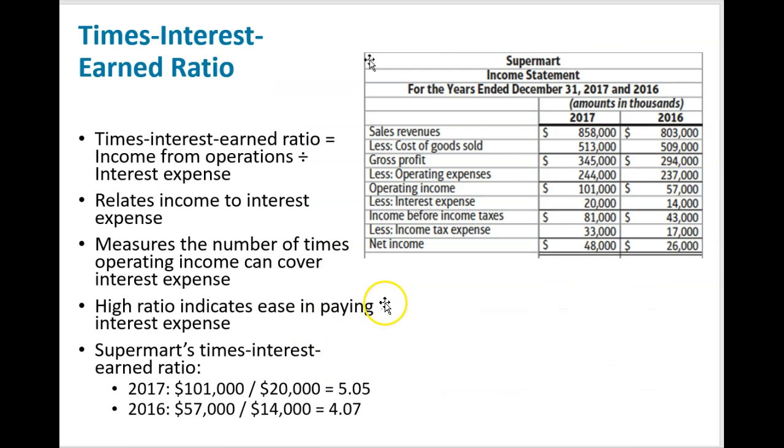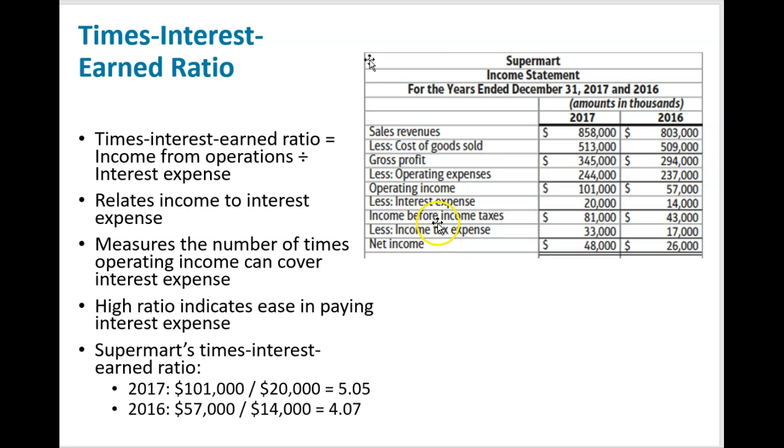Now, times interest earned, we're going to take operating income. Now, remember, it sounds dumb, but this is really an important sequence of accounts to know. Sales less cost of goods sold is gross profit, less operating expenses is operating income. Operating expense does not include interest or taxes.